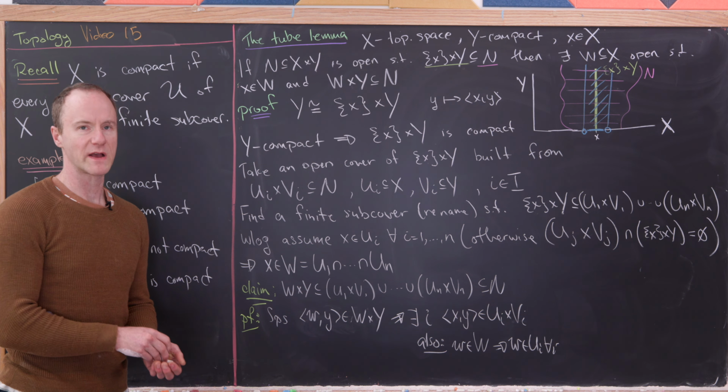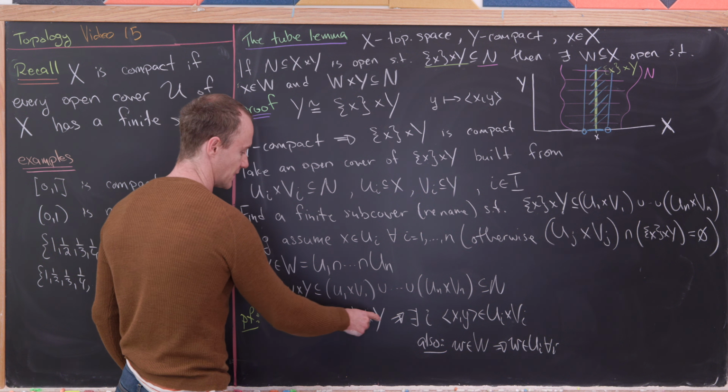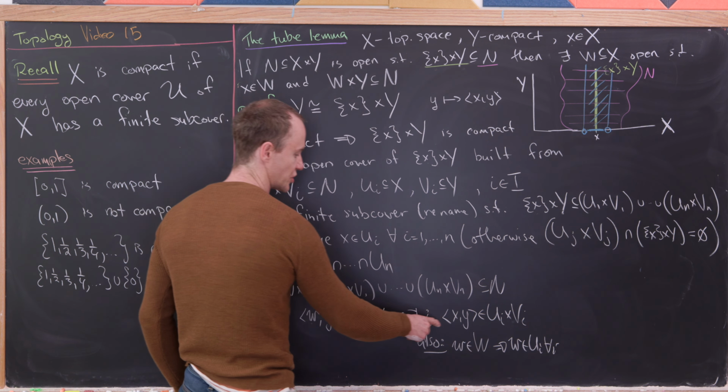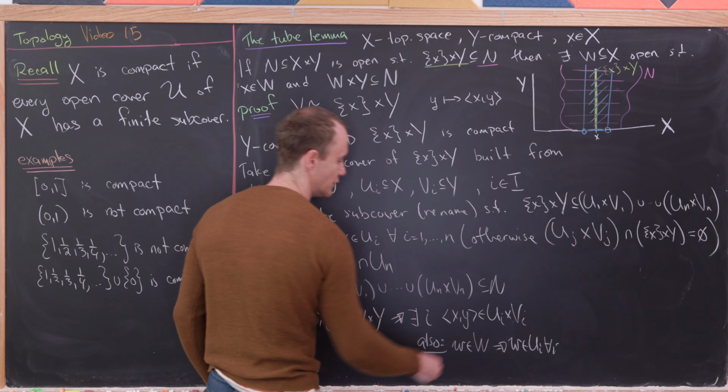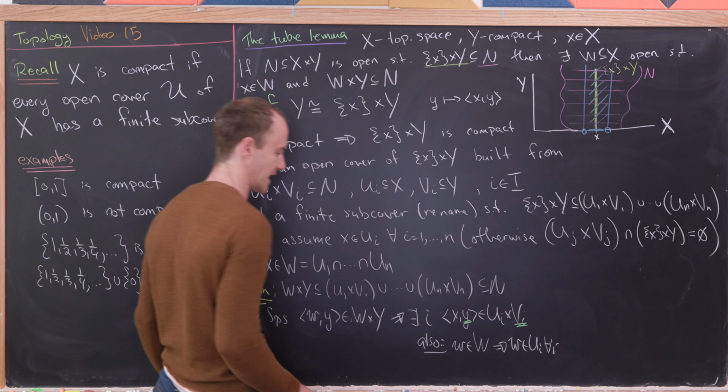Okay, so let's see what we've done. We took this (w, y) inside of W cross Y. We showed that (x, y) was in U_i cross V_i, but that means that this y is in this V_i.